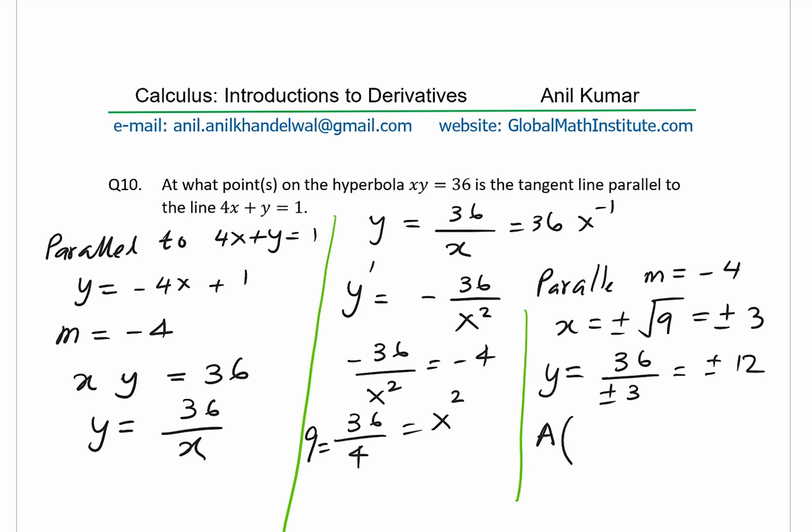And therefore we have 2 points. Let's say point A is when x is 3, in that case y is 12, and the other point B will be minus 3, minus 12. So those are the 2 points. Is that clear to you? I've seen in test papers sometimes students will miss one of the points by ignoring the negative part of it.